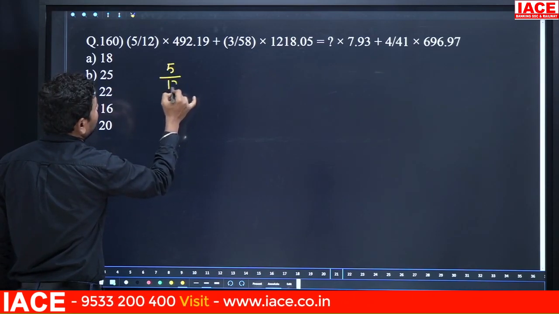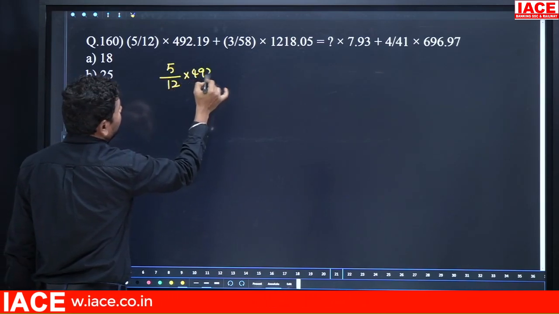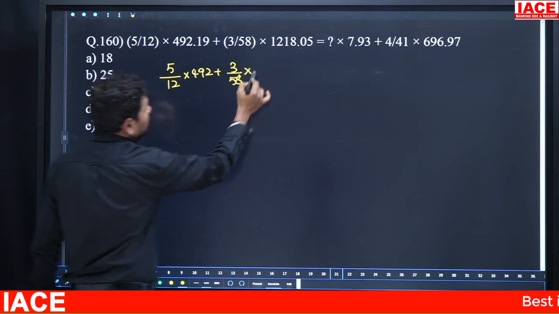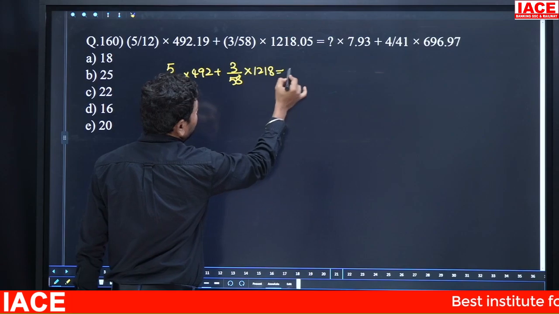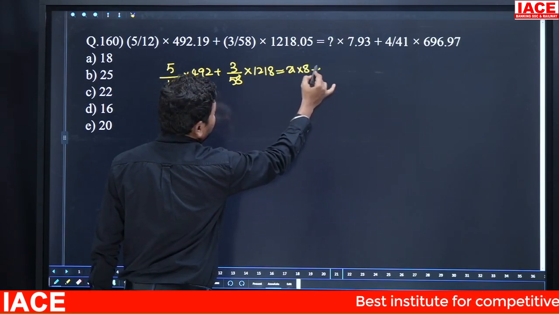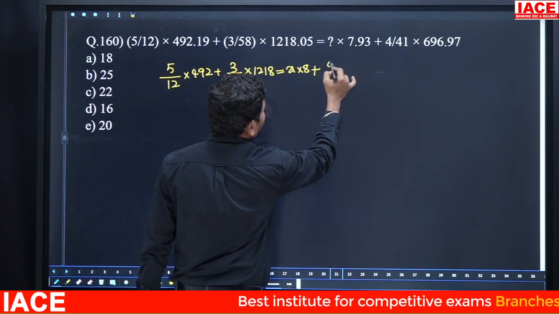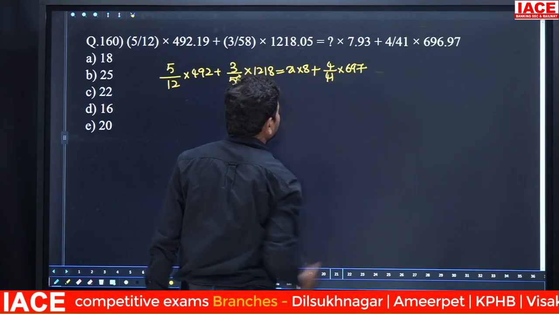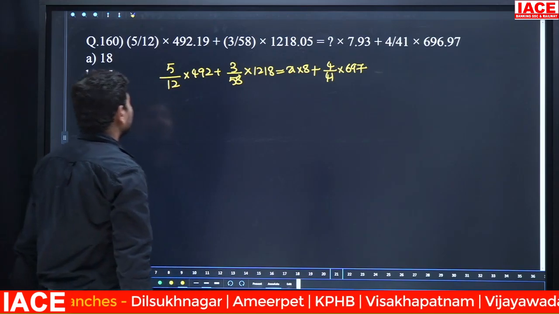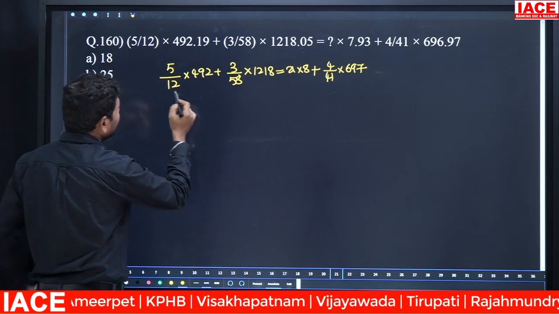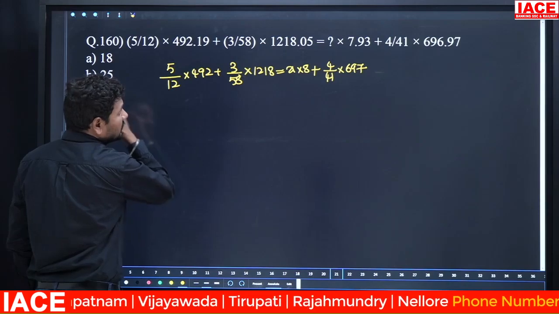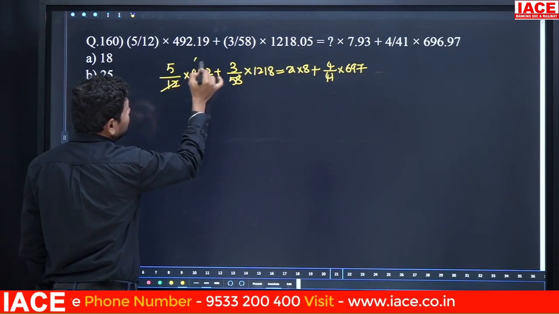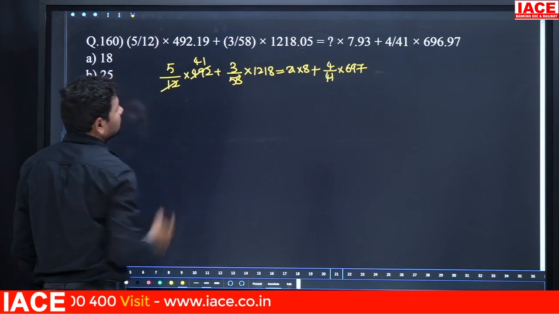Next, 5 by 12 into 492 plus 3 by 58 into 1218 is equal to x into 8 plus 4 by 41 into 697. Cancel the terms now. Cancel with 12, 12 is possible. 12 4s are 48 and 12 1s are 12.